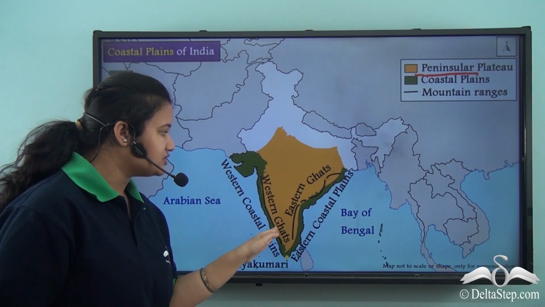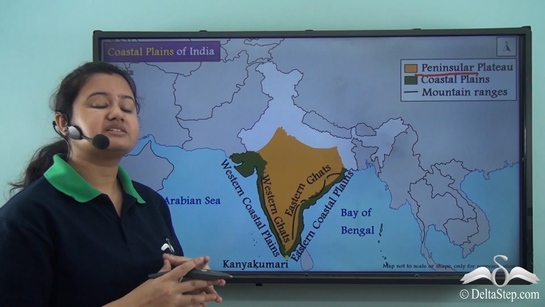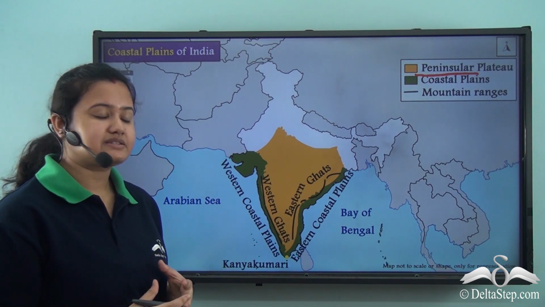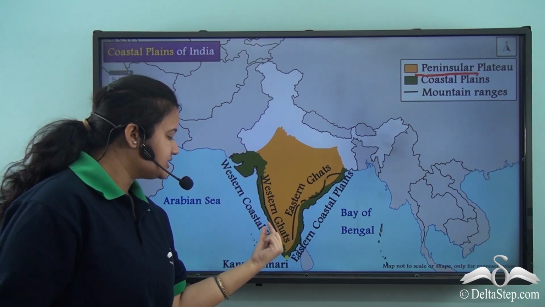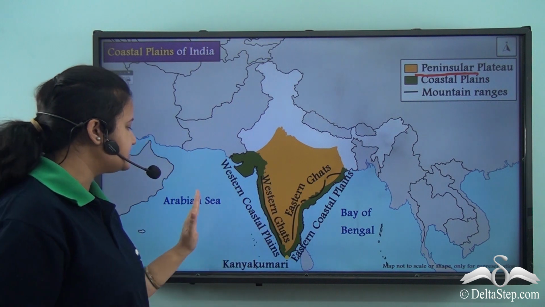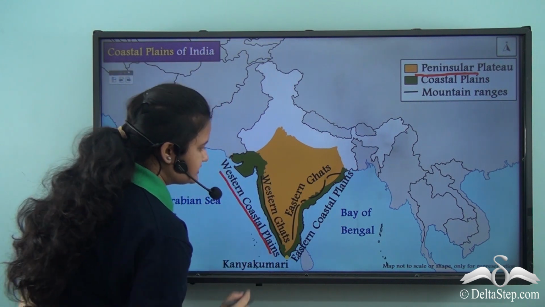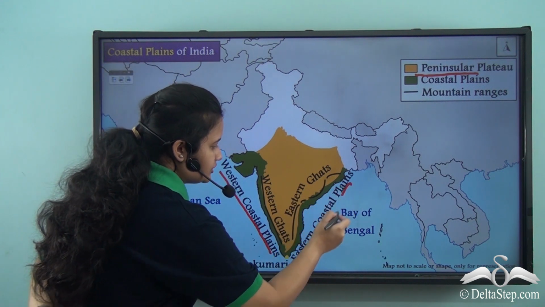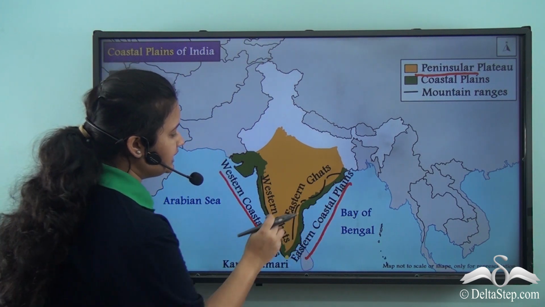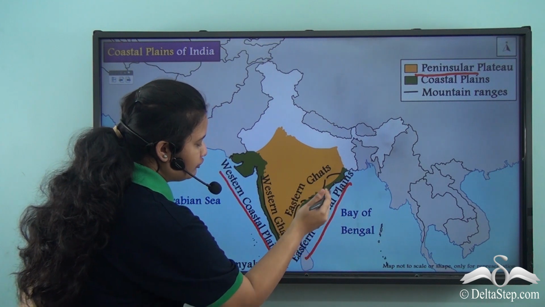Now, the edges of the Peninsular Plateau are covered by coastal plains. At the western margin between Western Ghats and the Arabian Sea lie the western coastal plains, while the eastern coastal plains are sandwiched between the Eastern Ghats and Bay of Bengal.